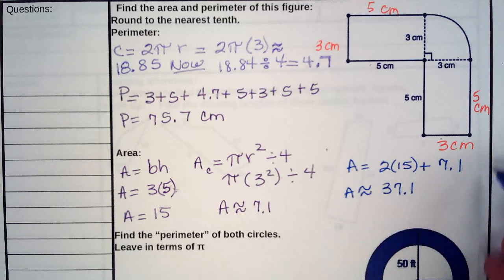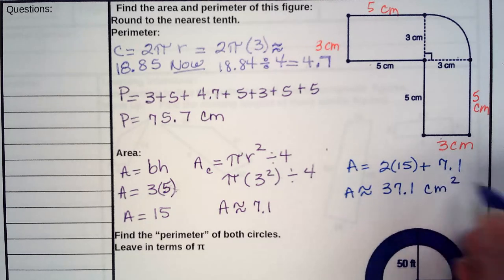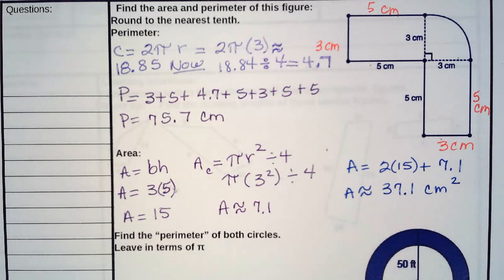What units are we in? Centimeters, and it will be centimeters squared. Area is always to the second power. You're dealing with 2 dimensions, length and width. So it will be units squared.